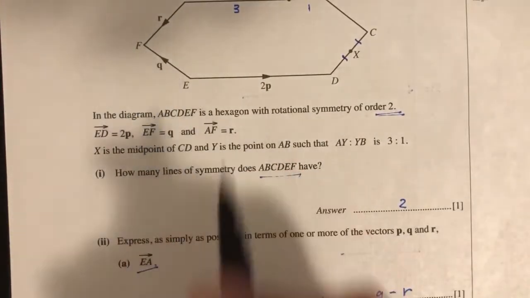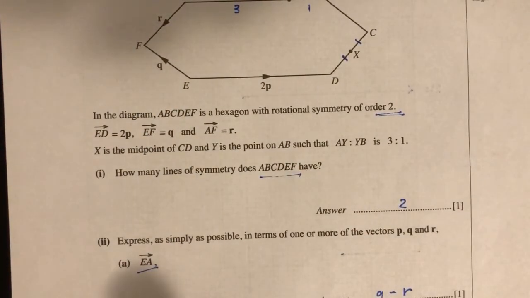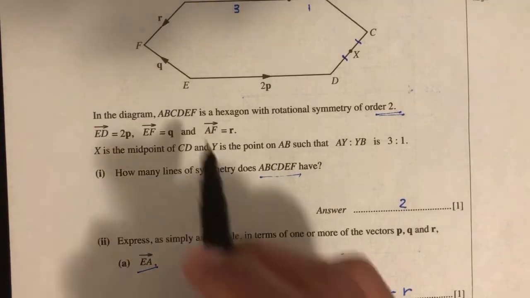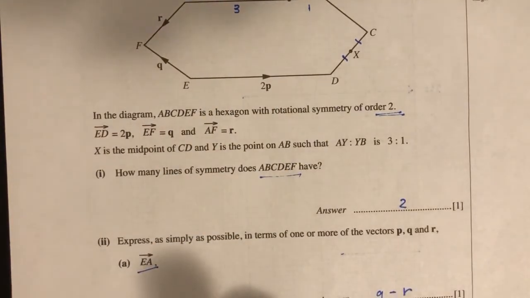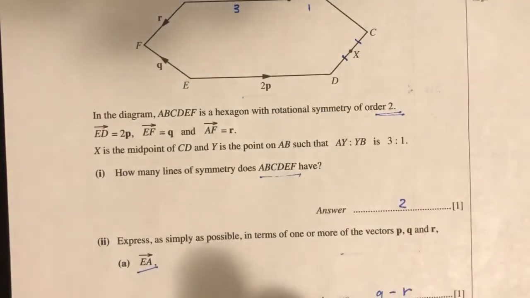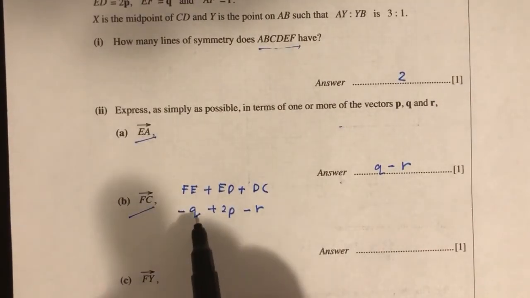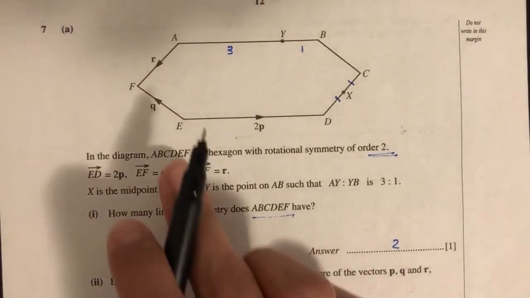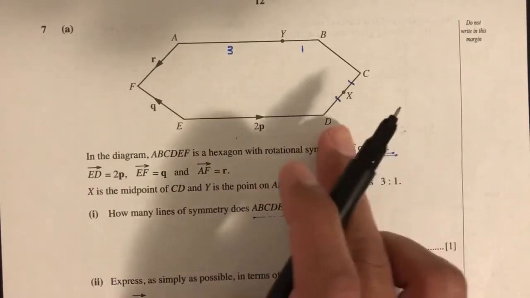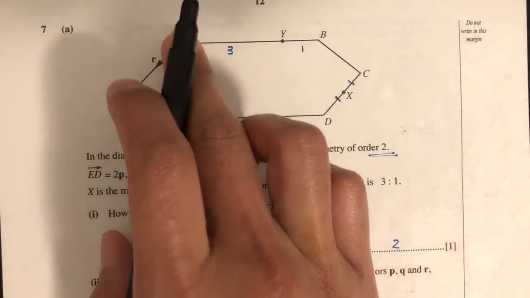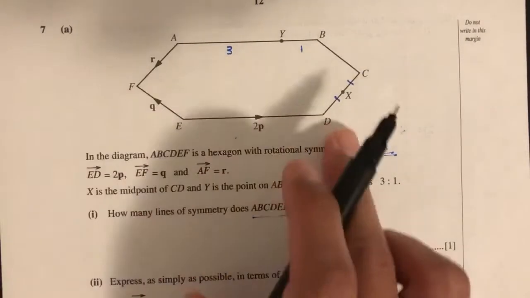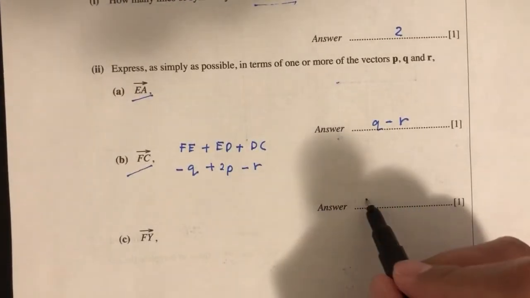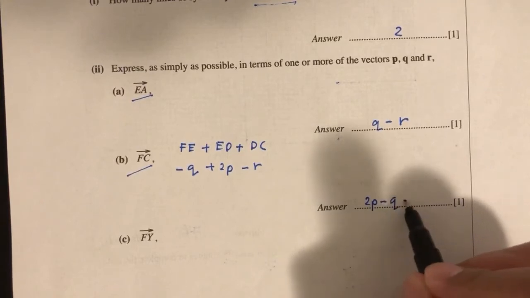FC is FE plus ED plus DC. FE is minus Q because EF is Q. Then ED will be 2P, and since this direction is R, this will be minus R. That's why we have 2P minus Q minus R.